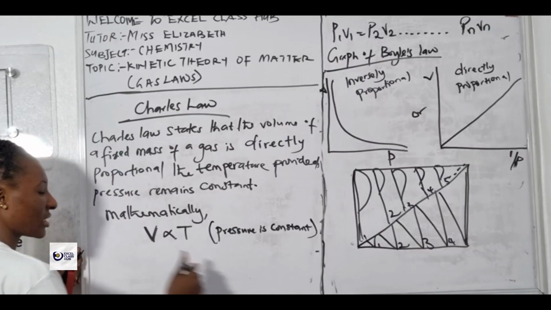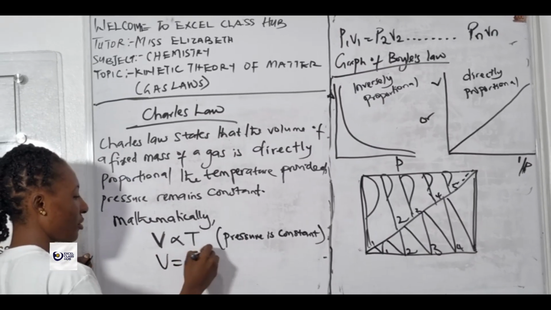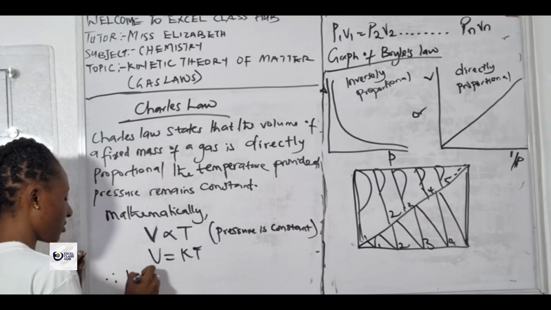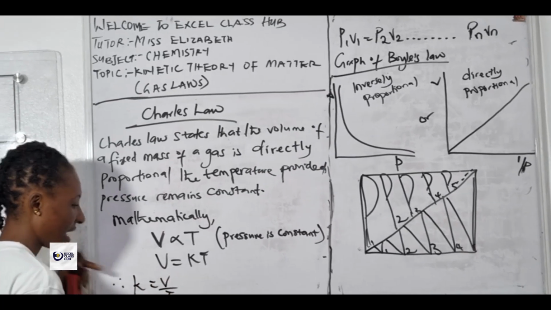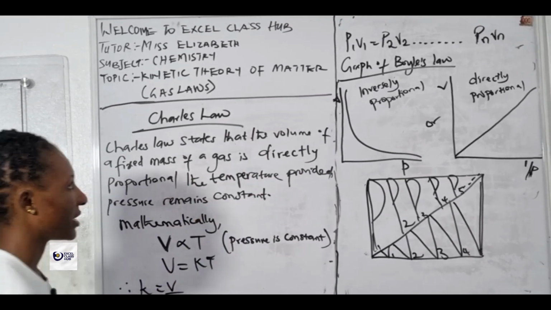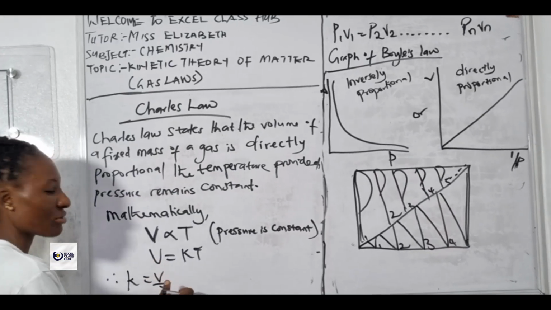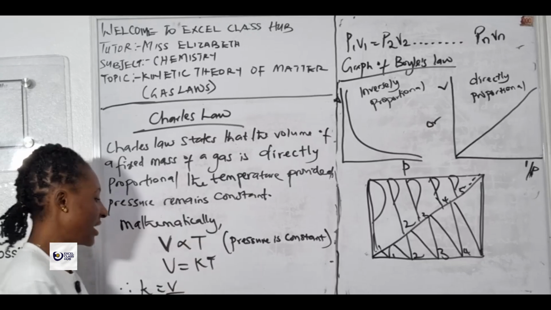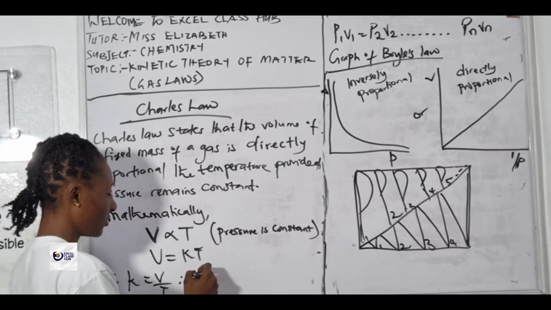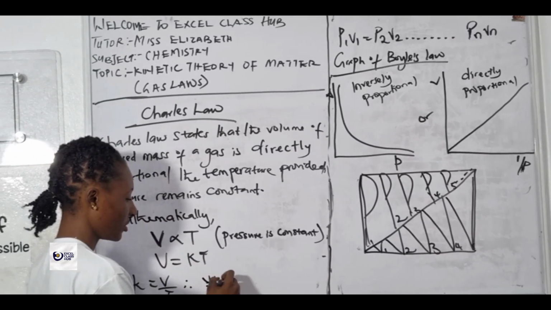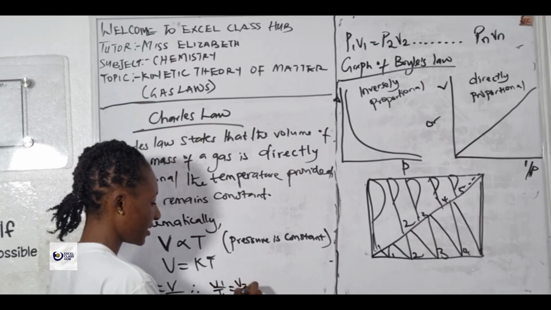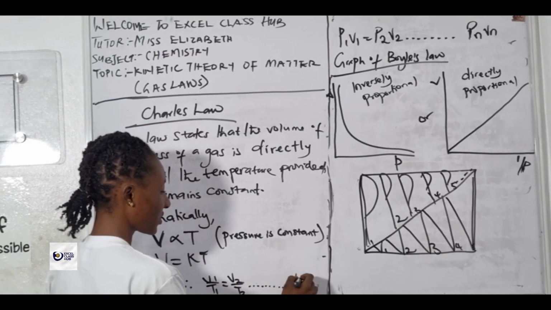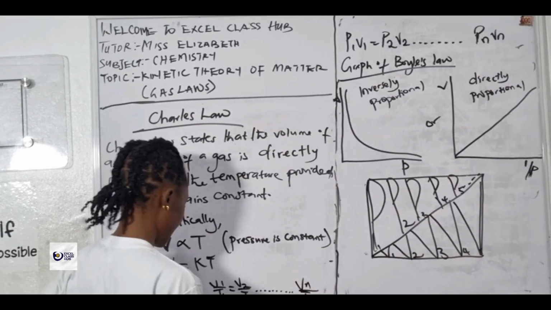To remove this sign of proportionality, we have V is equal to KT. Making K subject of the formula, therefore K becomes V over T. And just like in the case of Boyle's law, in case we have more volumes and temperatures which exceed 1, therefore V1 over T1 is equal to V2 over T2, like that to Vn over Tn.